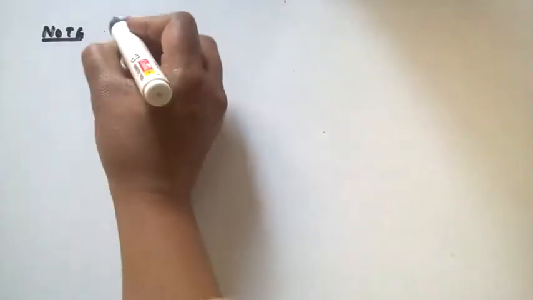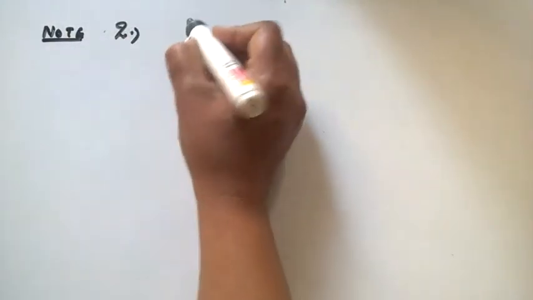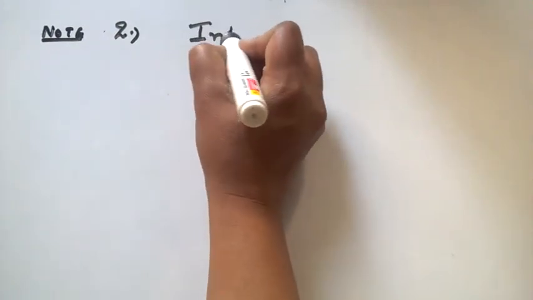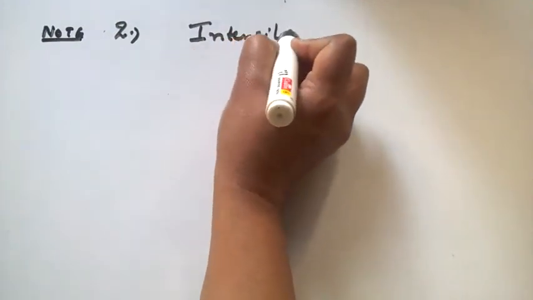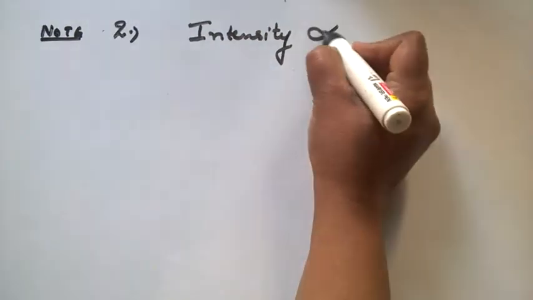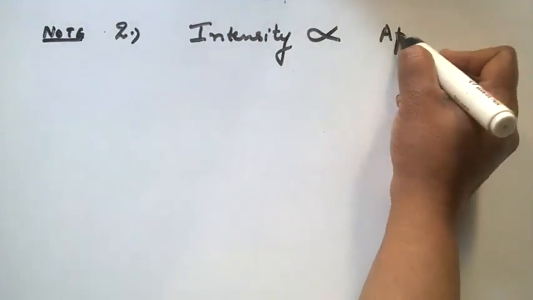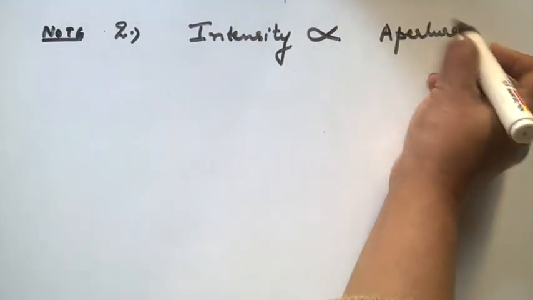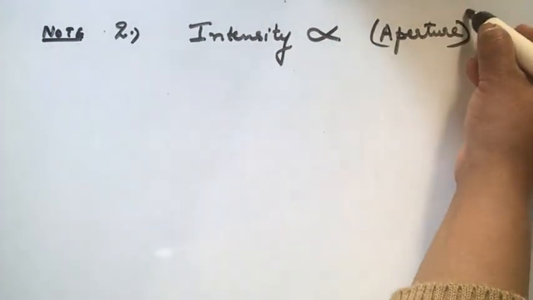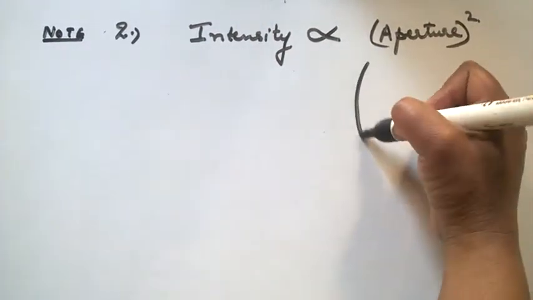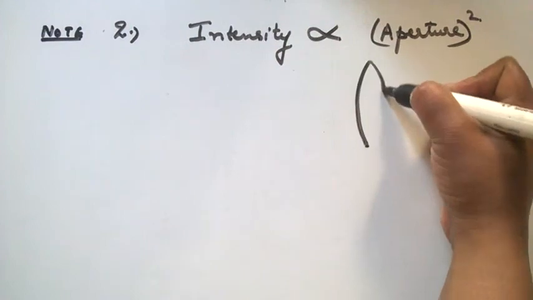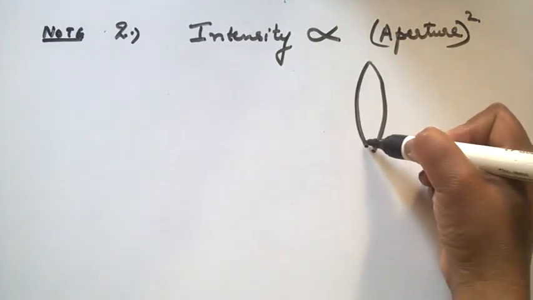Similarly, the second point: the intensity depends on the aperture of a lens. The intensity or brightness of a lens is directly proportional to the square of its aperture. Let's understand it with the help of an example.